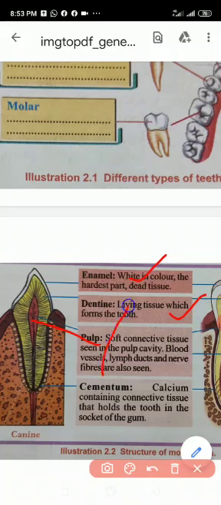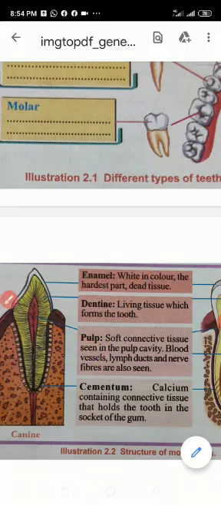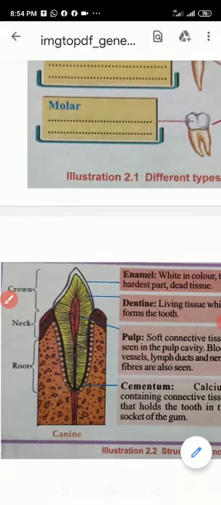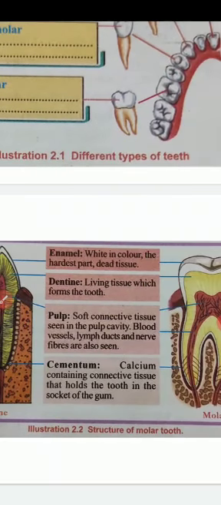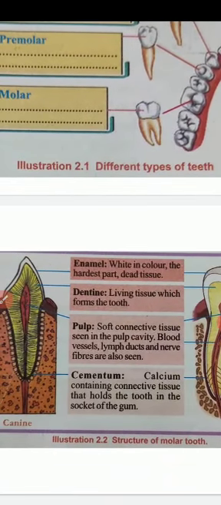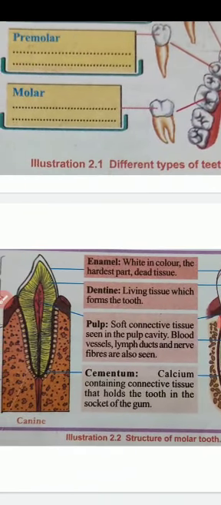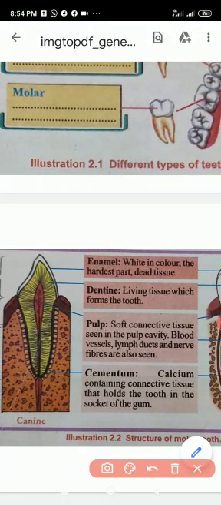Then we can see the tooth is fixed using this part. It is called cementum. And what is cementum? Cementum is a calcium containing connective tissue that holds the tooth in the socket of the gum.